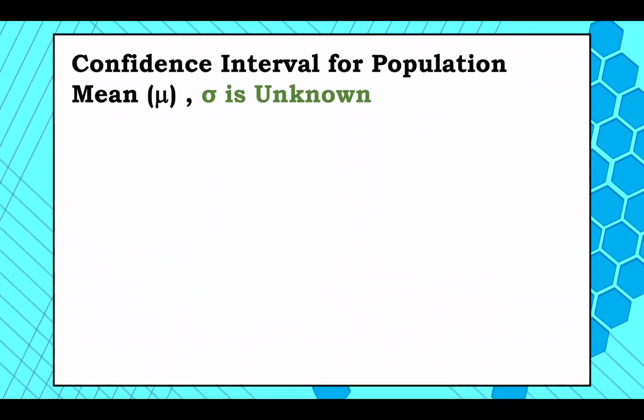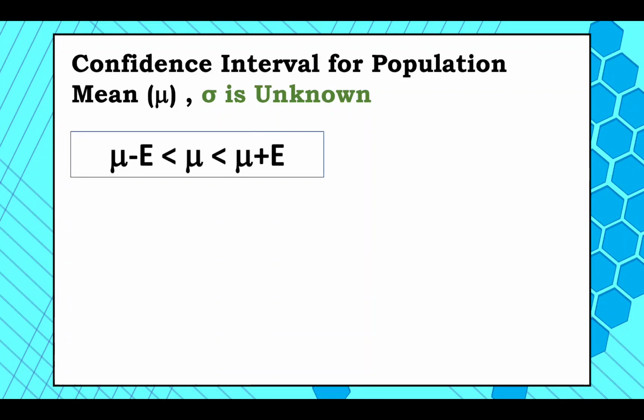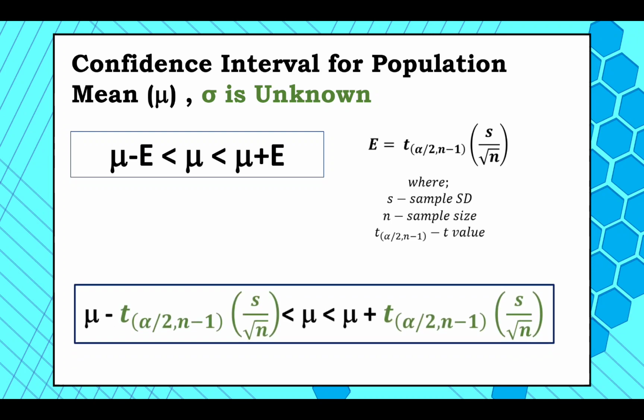If that is the computation for the margin of error, coming from this short formula, we will consider solving the margin of error E using the t-distribution. Because what we have is only the sample standard deviation. And we'll have this long formula.